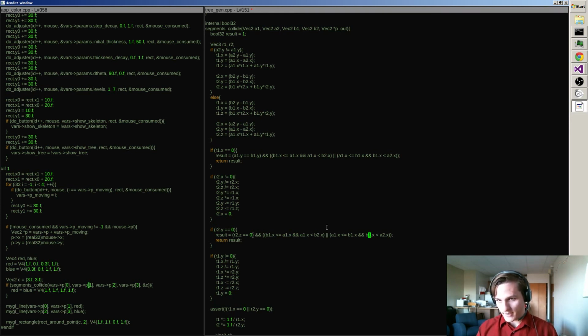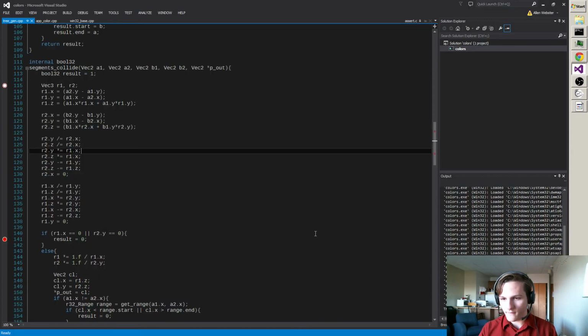But if I have already gotten past this part, I know that the y's aren't equal, so I can rely on the y's, is my theory. It's a bit of an intuitive leap, but I think I can rely on the y's, because I'm pretty sure if the y's are equal, they have to be caught up there, because that was the whole point of that one. So I think that should be it.